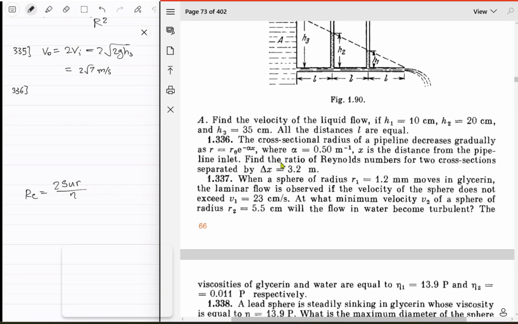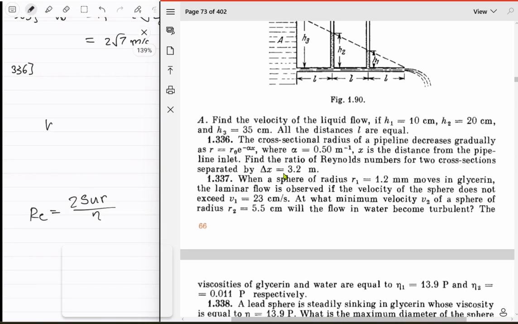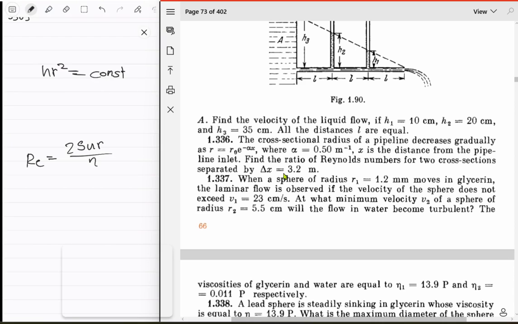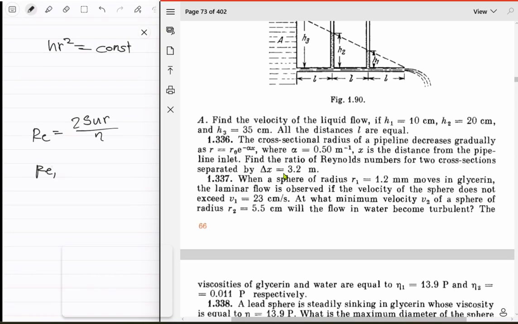Find the ratio of Reynolds number for two cross sections separated by something. So the u thing though, what do you know? You know that u times r squared is constant, right? So Reynolds number 1 upon Reynolds number 2, this is constant, right?